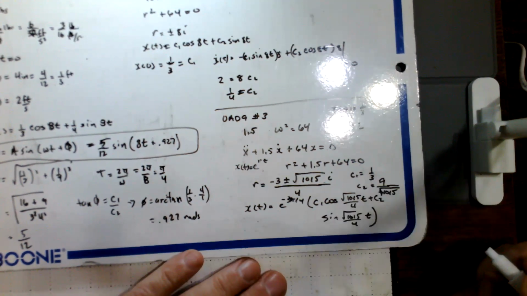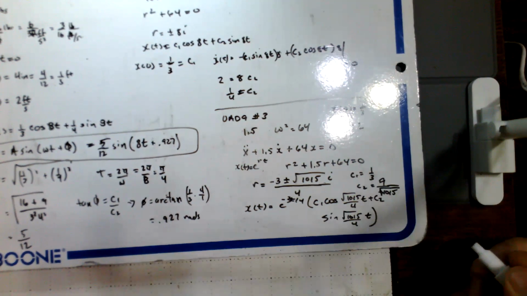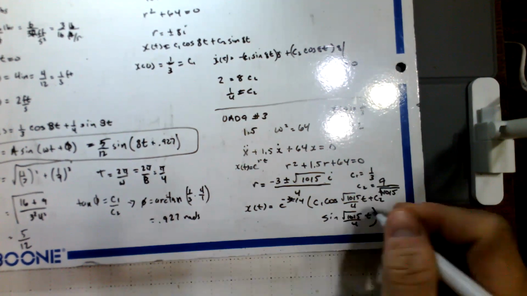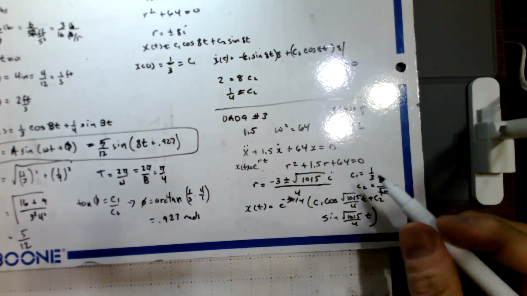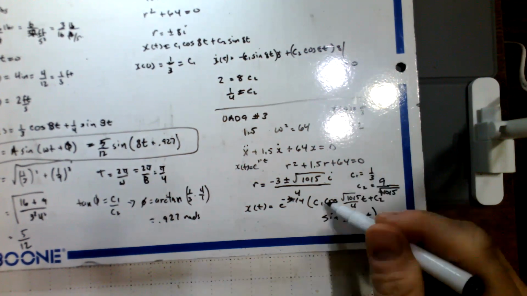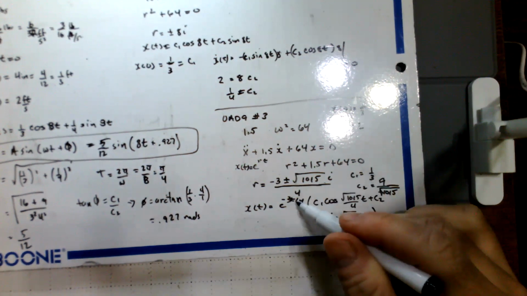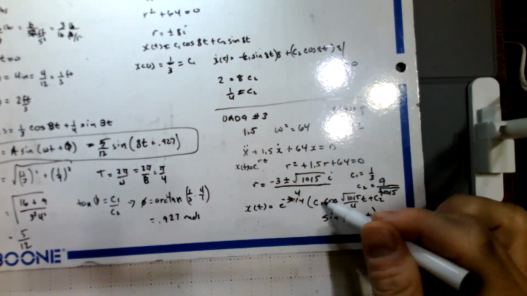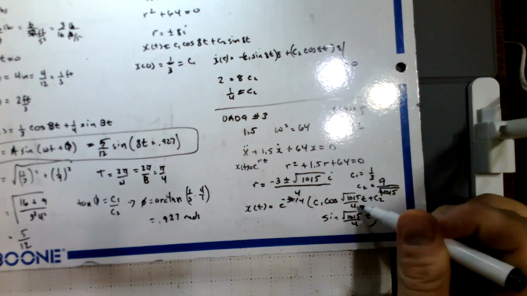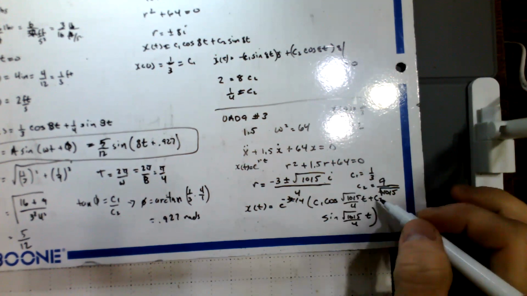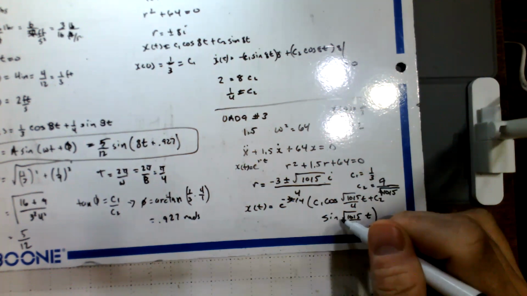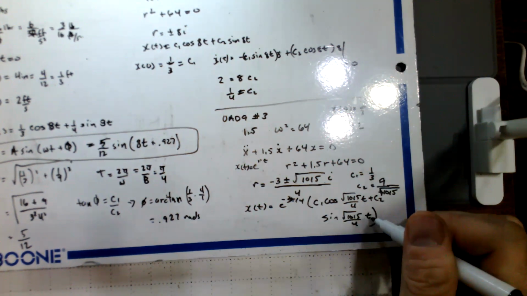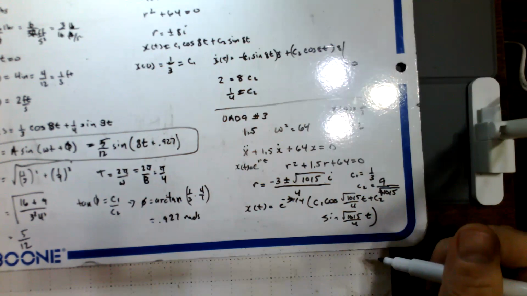Those are the two constants that come out of the constants of integration, and these are the specific ones. So the equation of motion in its entirety would be e to the negative 3t over 4, times 1/3 cosine of the square root of 1015 over 4 t, plus 9 over the square root of 1015 times the sine of the square root of 1015 over 4 times t. That would be the total equation of motion.